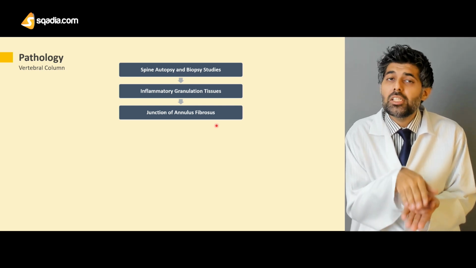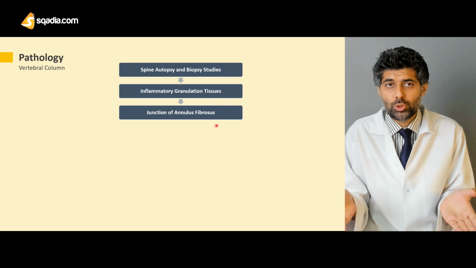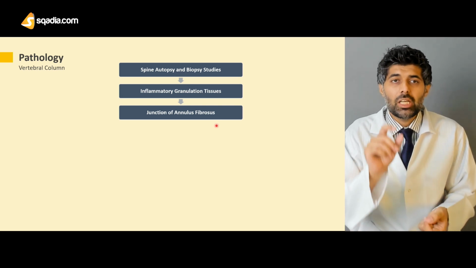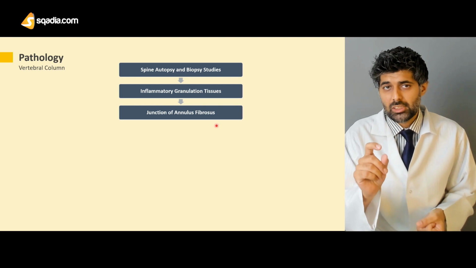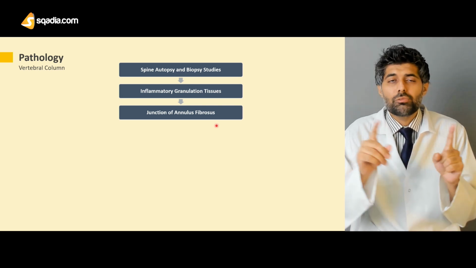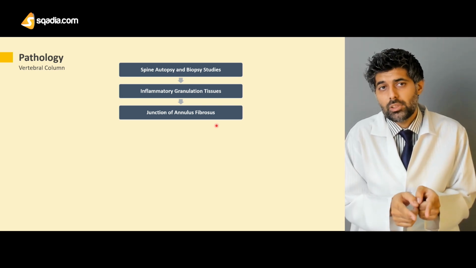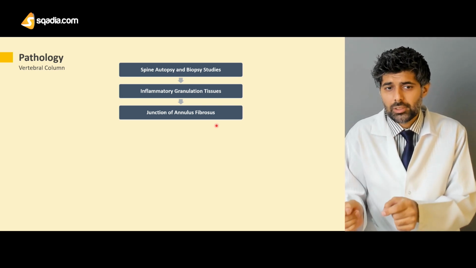This disc is further composed of a nucleus pulposus, which is found in the middle of the disc, and the annulus fibrosus, which is found at the periphery of the vertebral disc.